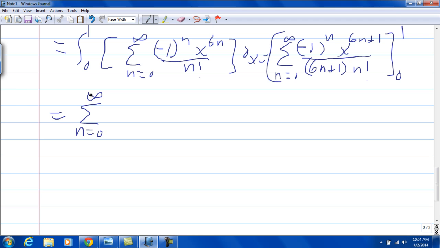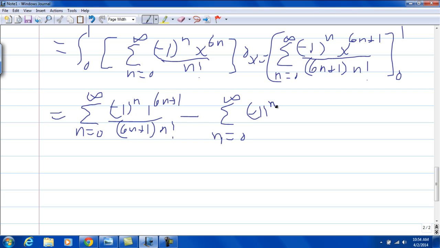And it goes from 0 to infinity of what? Negative 1 to the n, 1 to the 6n plus 1 over 6n plus 1 times n factorial, minus the sum as n goes from 0 to infinity of negative 1 to the n, 0 to the 6n plus 1 over 6n plus 1 times n factorial.